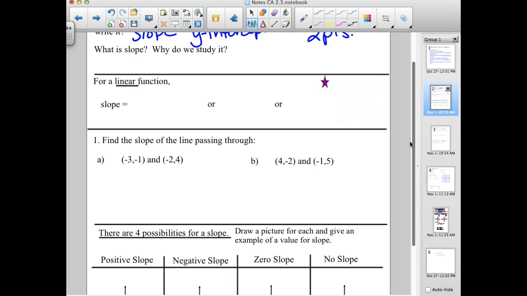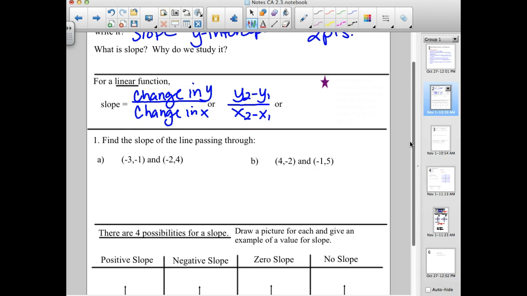All right, so for linear functions, slope would be change in y over change in x. That's one way we could talk about slope. Change in y over change in x. What's the equation we have for that? y2 minus y1 over x2 minus x1.